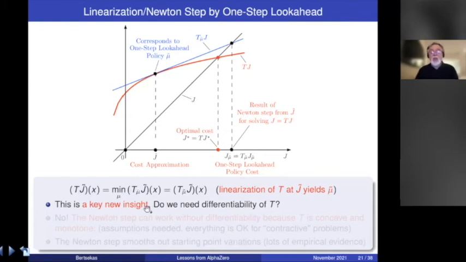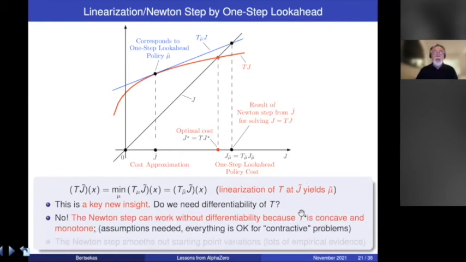Now, it's a key insight, but then immediately some questions arise. In the classical form of Newton's method, you have to have this T operator be differentiable, once differentiable. Do we need that? Well, the answer is no, you don't need that. You can substitute concavity and monotonicity for differentiability.